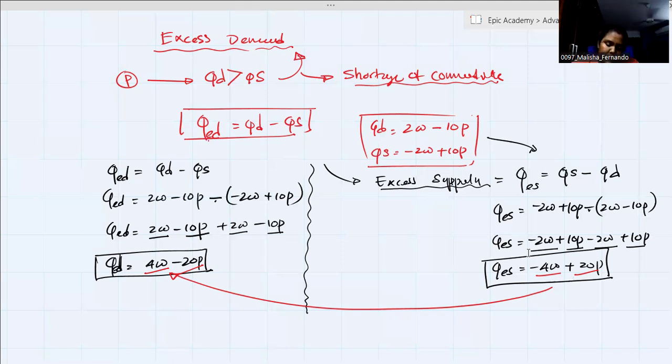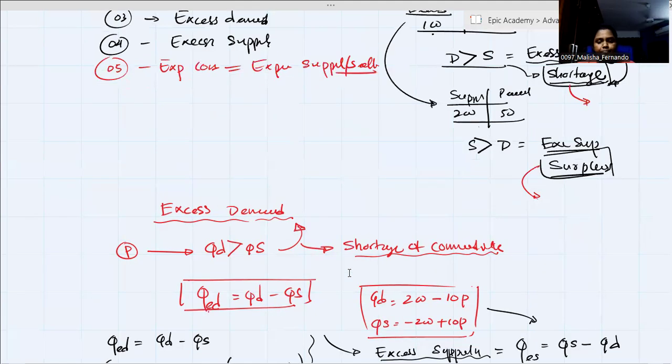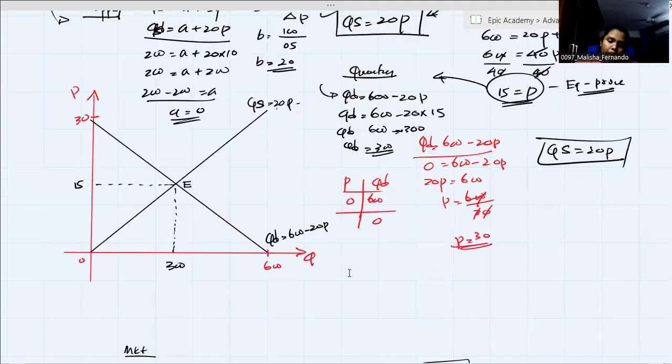Now this is the time to calculate the economic surplus. First of all, we identify the equilibrium.